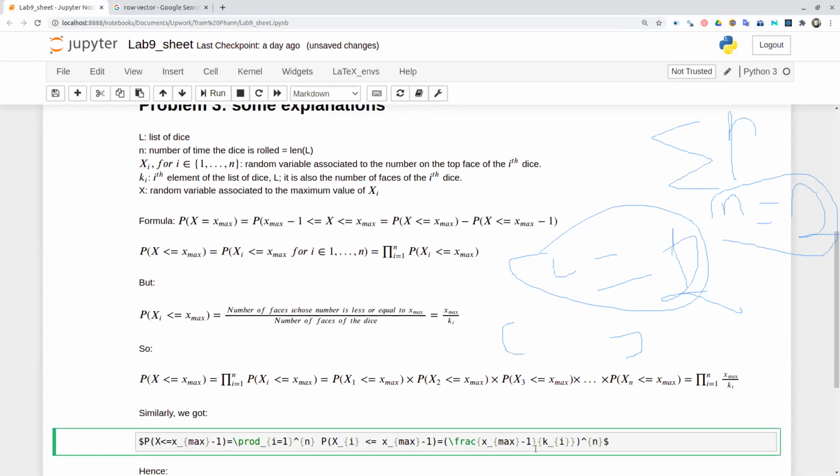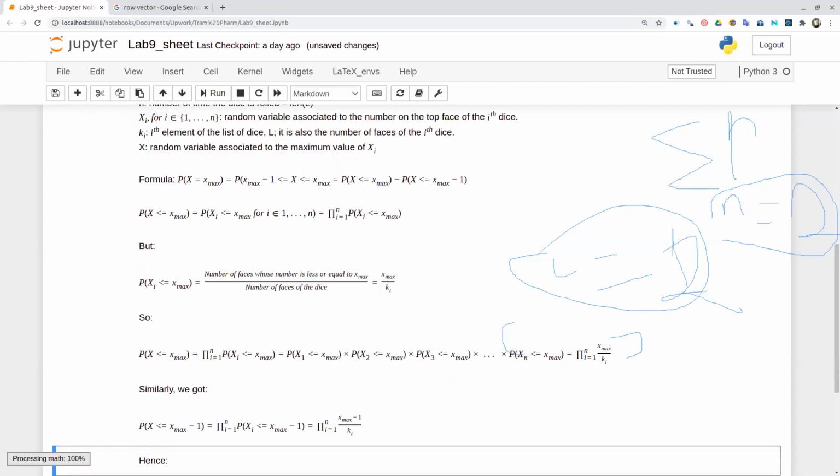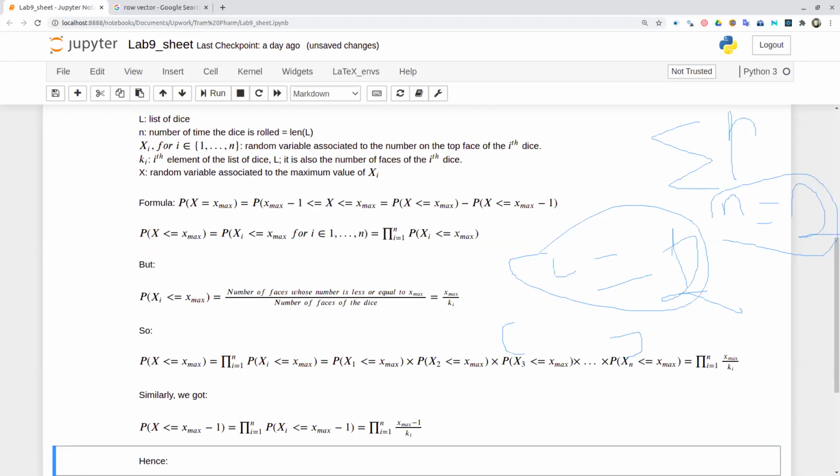The same thing here, there is a mistake. It is x max minus 1. So as we did for x max, we just have to replace x max by x max minus 1.